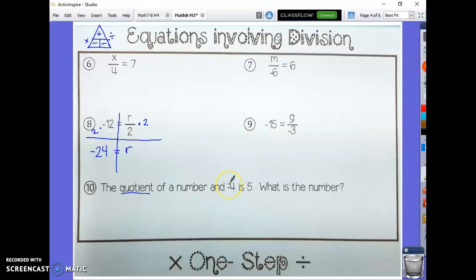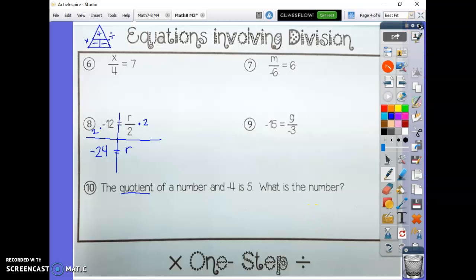Keep your signs in mind, guys, when you solve for that one. Go ahead and set it up on your own and solve it. I'll help you set it up. Division, I feel like, is a little harder than multiplication. Finish that off on your own. You can do that.